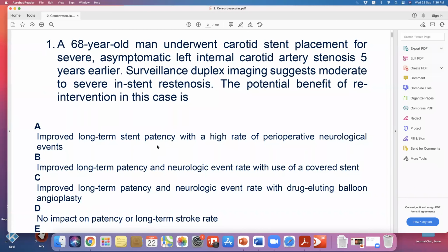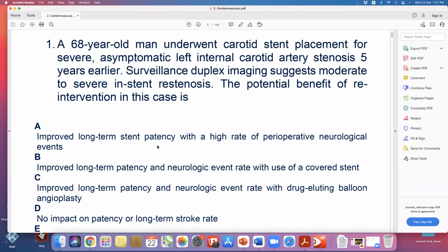The potential benefit of re-intervention in this case is... So we are talking about a previous carotid artery stenting 5 years ago, and the follow-up duplex showing in-stent stenosis. Correct. And the patient is asymptomatic. He's still asymptomatic. You didn't mention any symptoms, so we presume he is asymptomatic.